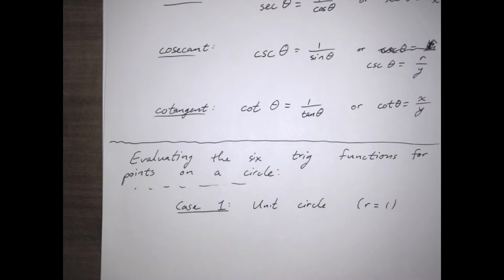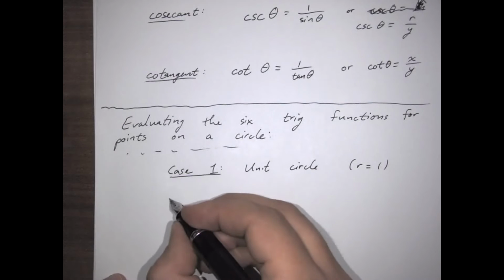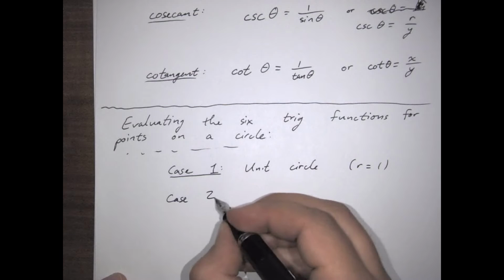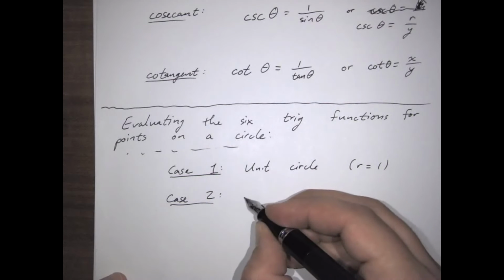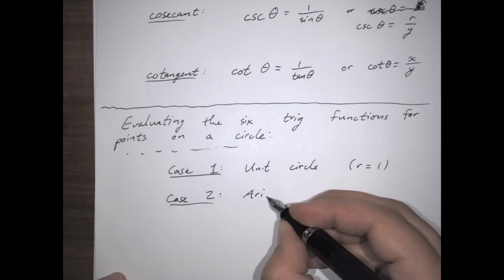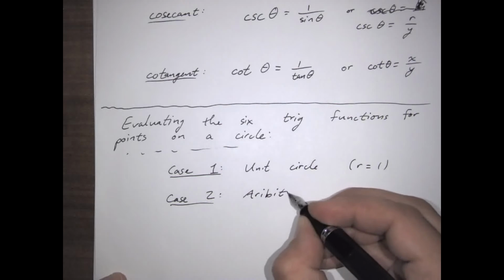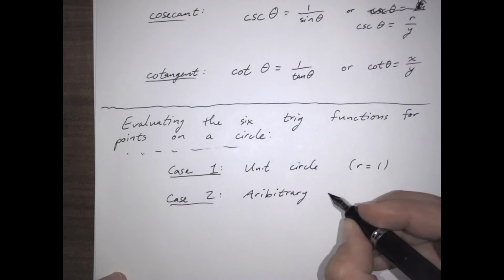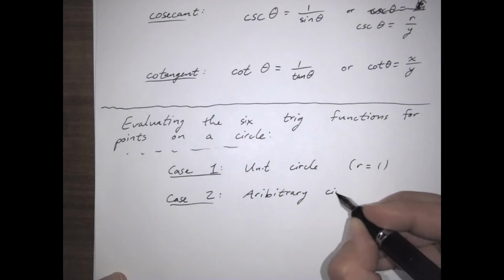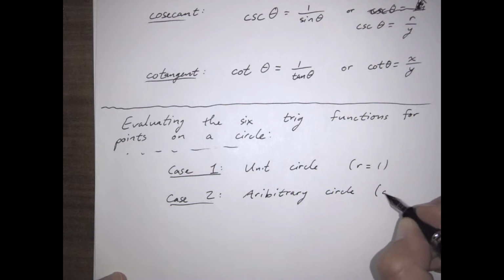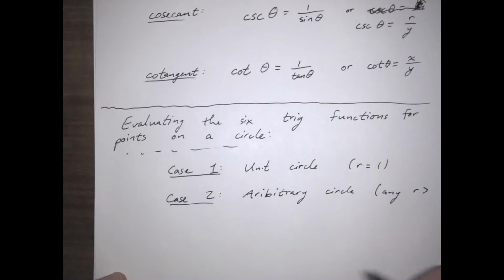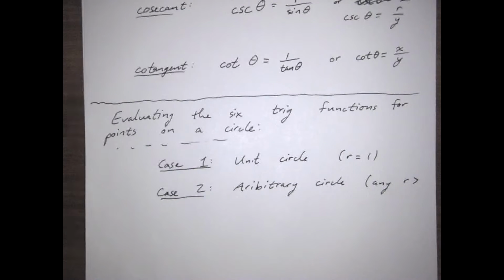And that's a nice one. Case 2. Arbitrary circle, so not necessarily unit. So any r, but if I have to commit myself to black and white, I'm going to specify that r has to be greater than 0.